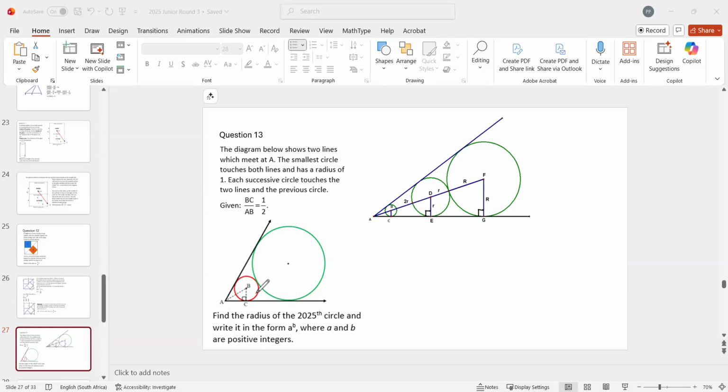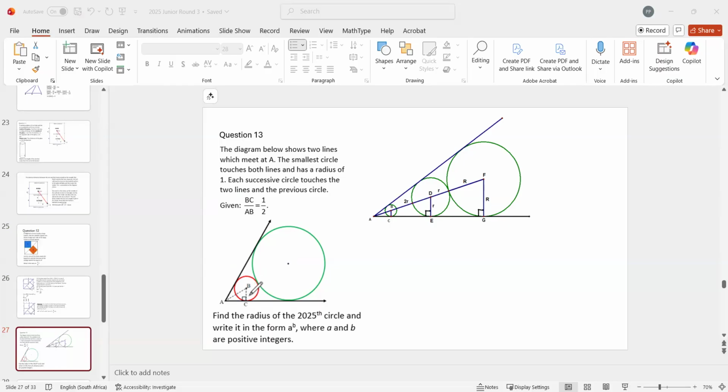But they tell you just one fact. They tell you that this first circle, the first one, BC over AB is a half. In other words, this height here is half the hypotenuse. And BC over AB is a half.